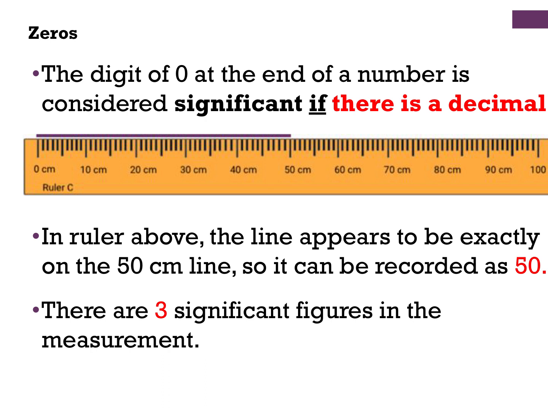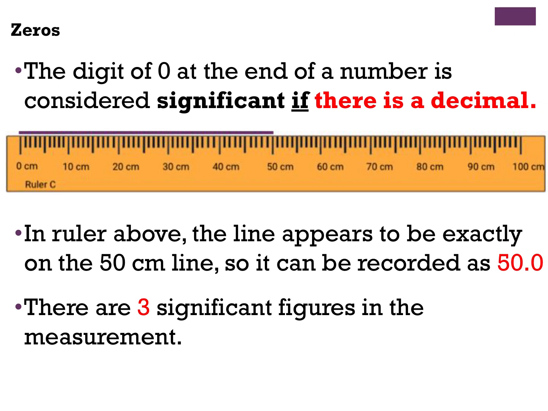Take a look at the line up there on the ruler. And I think you have the same line on your student doc, yes? How would you measure that line? If you had to measure it, what number would you think it is? It's all digits we know plus, how many do you estimate? 1, so it should be 50.0, if it's exactly 50.